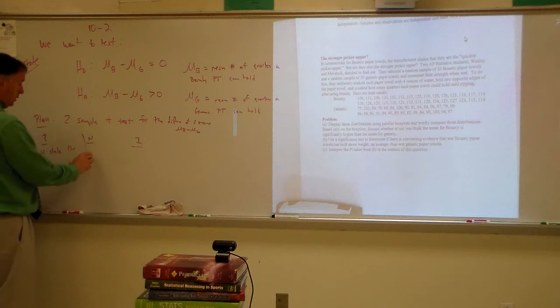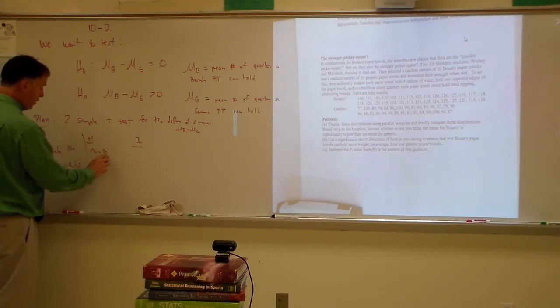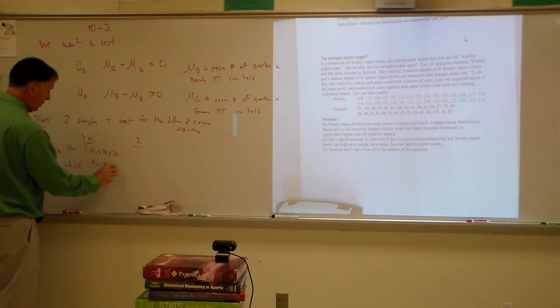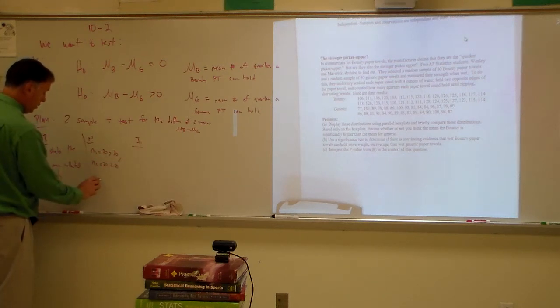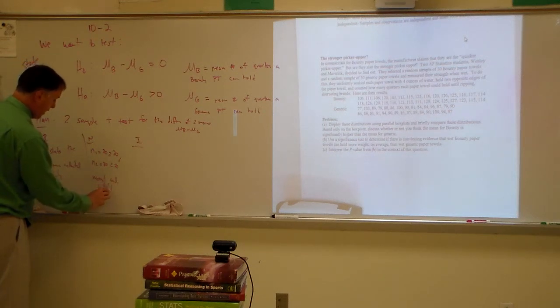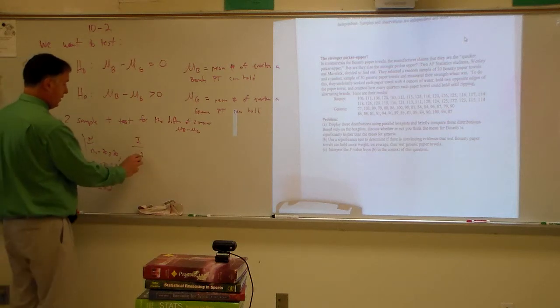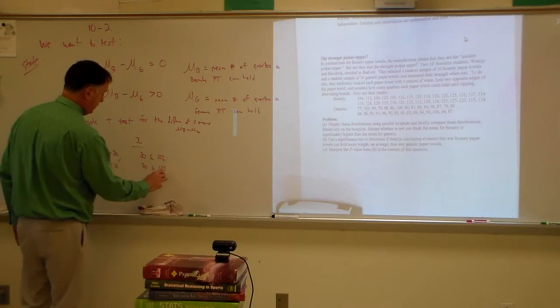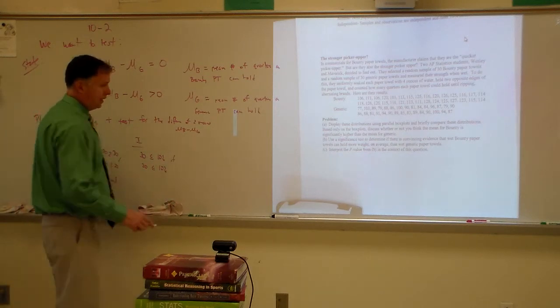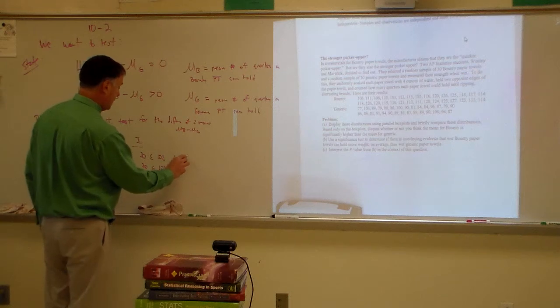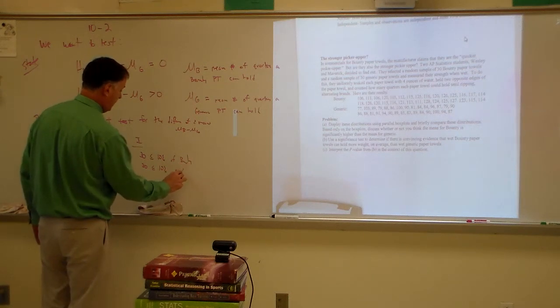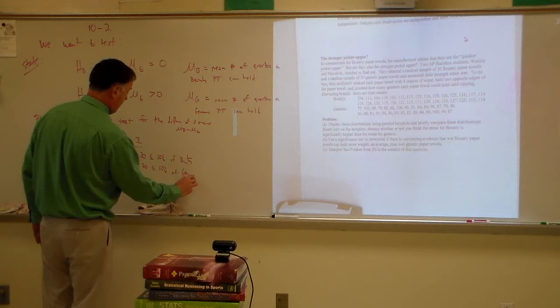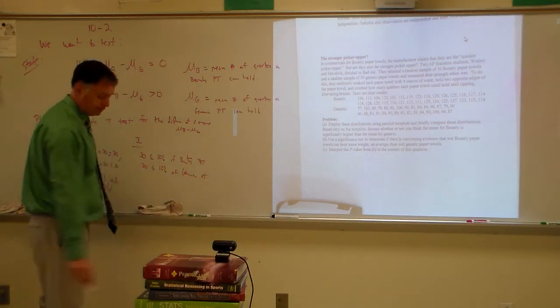Normal. n1 and n2 are both 30, which is greater than or equal to 30. Normal condition satisfied. And I'm going to say that 30 and 30 are less than or equal to 10% of Bounty and of generic paper towels. Okay?